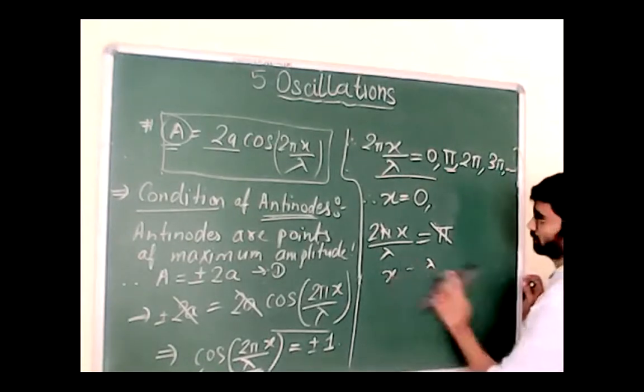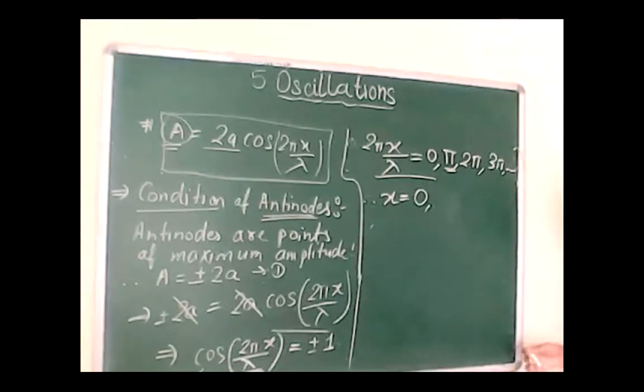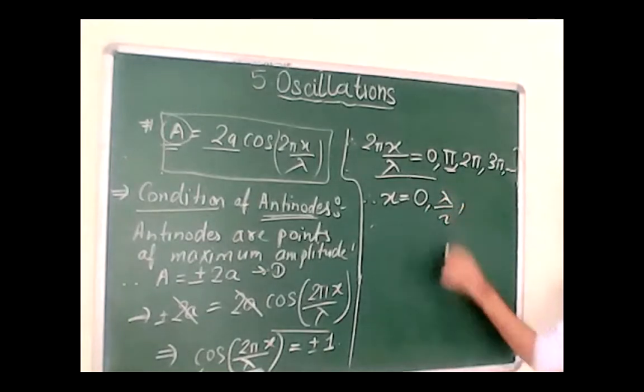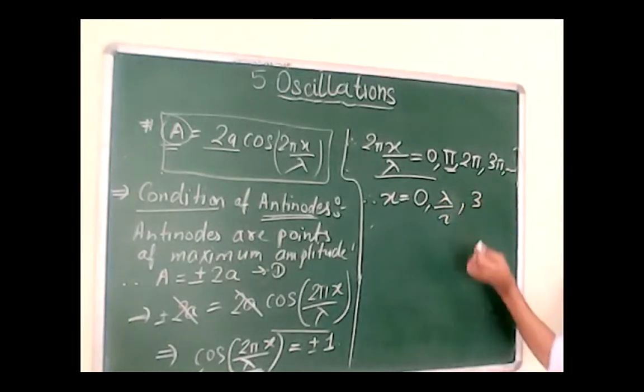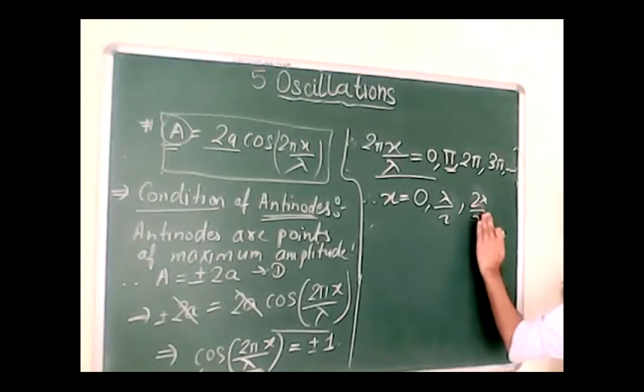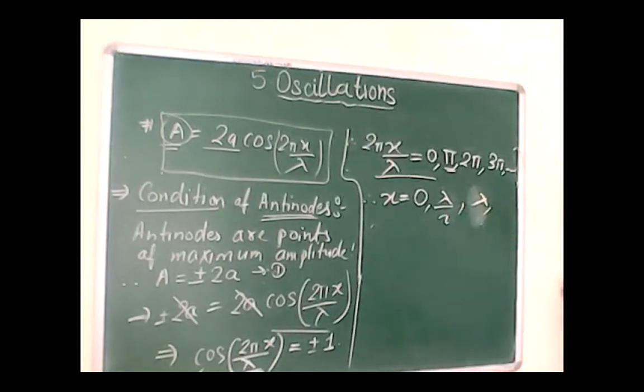So this is absolutely correct: that is 0, then λ/2, then 2λ/2, which is equal to just λ, then 3λ/2 and so on.